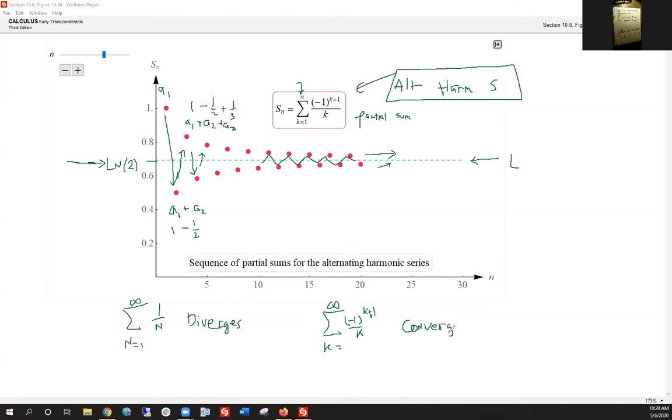If you can remember these two examples, that the harmonic series diverges, the alternating harmonic series converges, oftentimes these two examples can save you a world of grief in your intuition. It's sort of like we get turned around and confused when we're dealing with rational expressions, things where you have x's in the denominator.